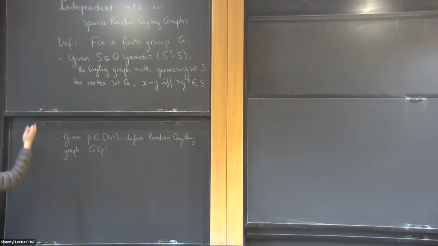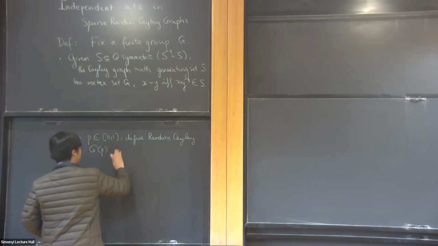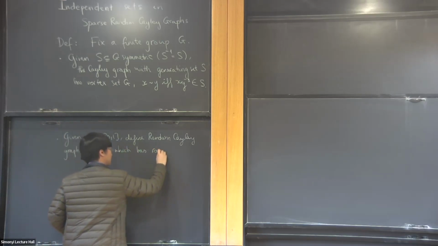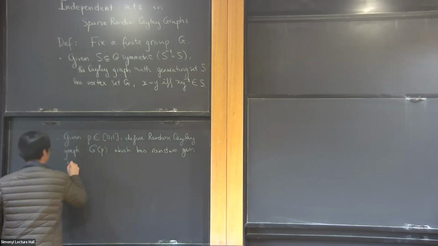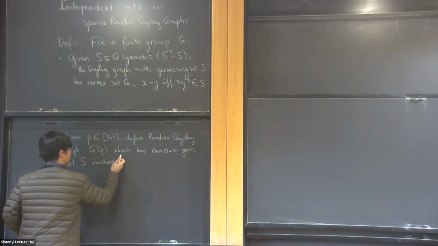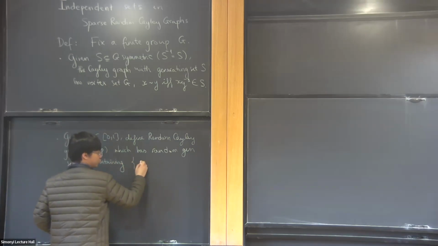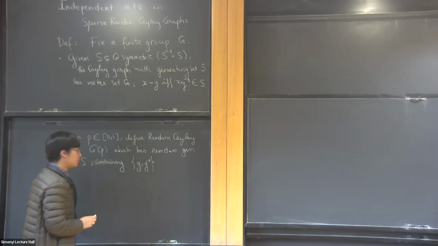This will be defined by taking a random generating set S, and here we take the most natural distribution, where S contains each of these equivalence classes {g, g inverse} independently with probability p.